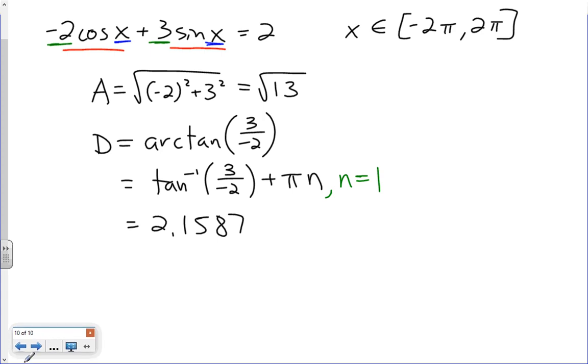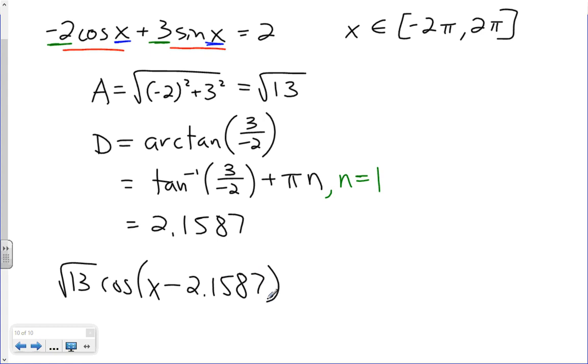It's the square root of 13 times the cosine of x minus, our D value is 2.1587. And we're setting that equal to, up above there, we're setting it equal to 2. So there's the problem that we're trying to solve. Where's that sinusoid equal to 2?